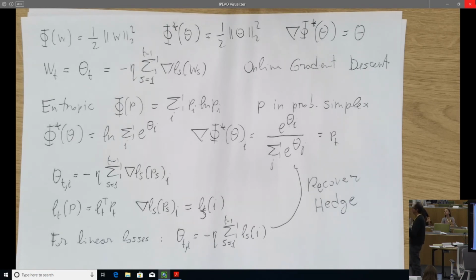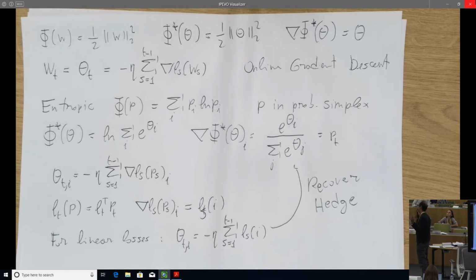But actually, these exponential weights can be viewed as a special case of a more general predictor, called online mirror descent. And this more general predictor can be used to solve a more general class of online learning problems that are characterized by convex decision sets and convex losses. In the special case of experts, the decision sets are the probability simplex and losses are linear.